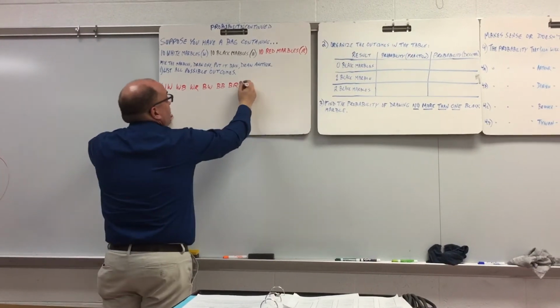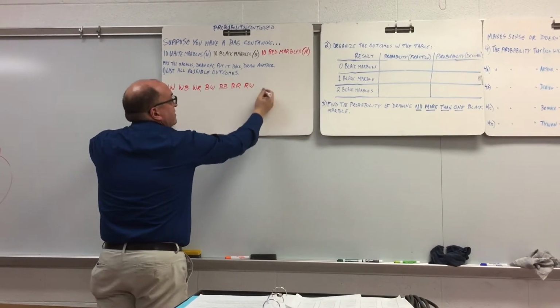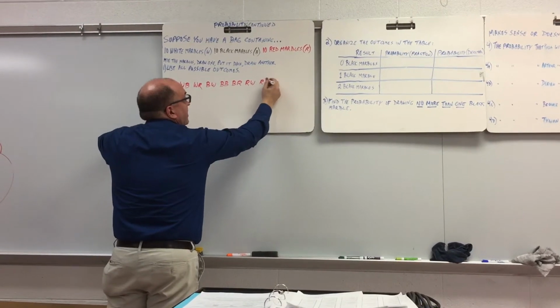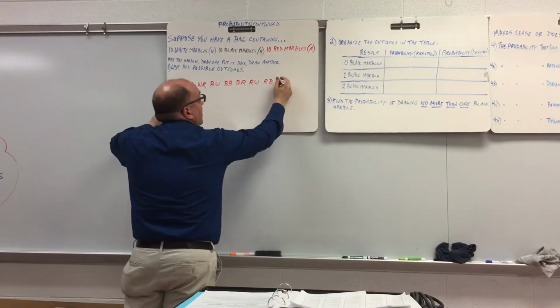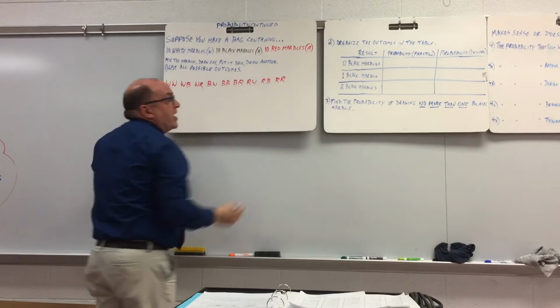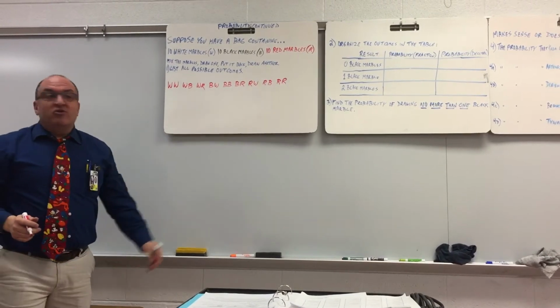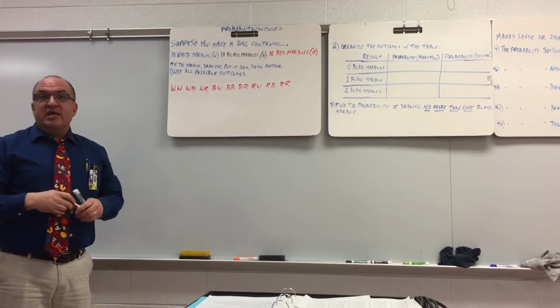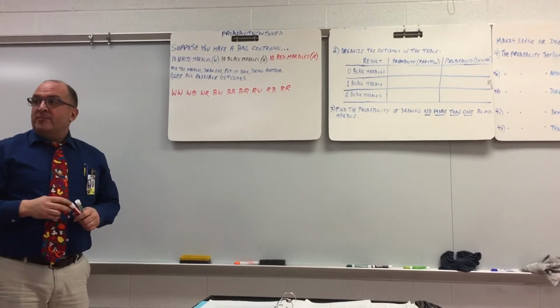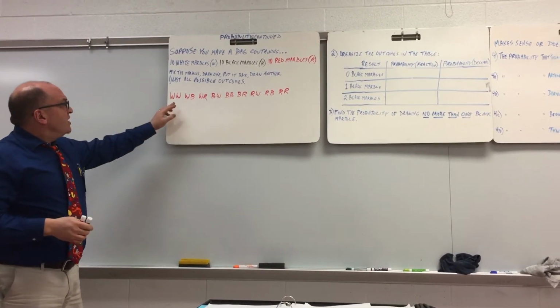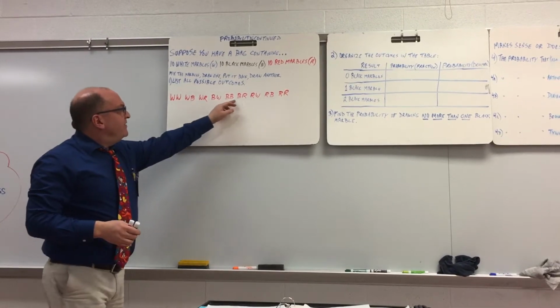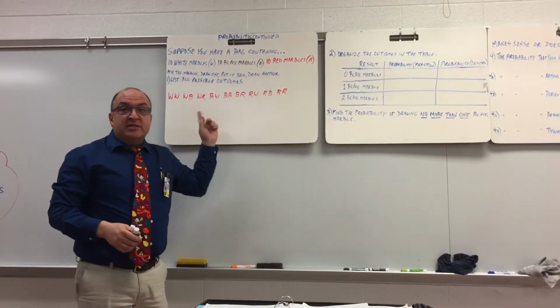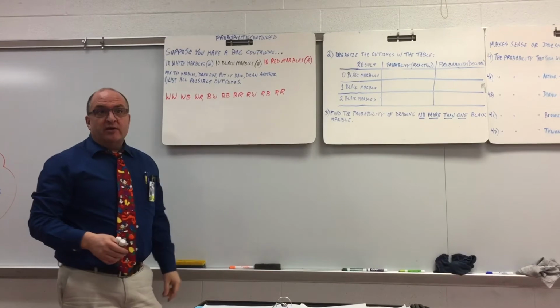You could pick a red and then a white, a red and then a black, a red and then a red. Does it make sense that those are all of the possible outcomes of picking two marbles out of the bag? Okay. How many outcomes are there? 1, 2, 3, 4, 5, 6, 7, 8, 9. That's basically the answer to this part of the question.